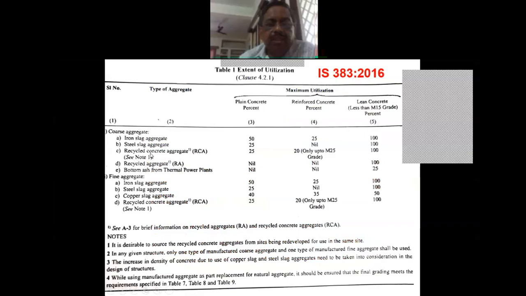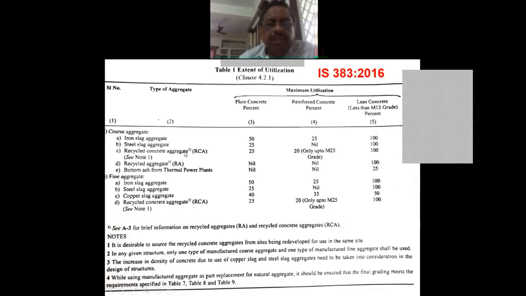Recycled concrete aggregate will contain only the reinforced concrete portion; you are breaking it into pieces and making it aggregate, whereas recycled aggregate contains all forms of material. Their usage in plain concrete is up to 25% replacement, and in reinforced concrete it suggests only up to M25 grade and 20% replacement, whereas in lean concrete, less than 15%, M15 grade, you can use 100% of this.